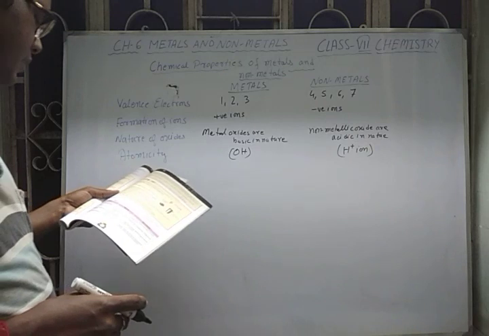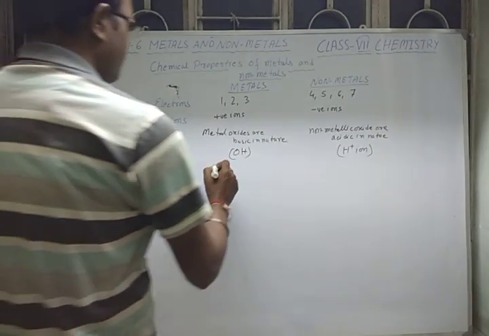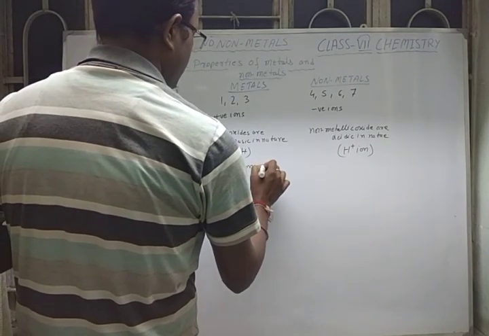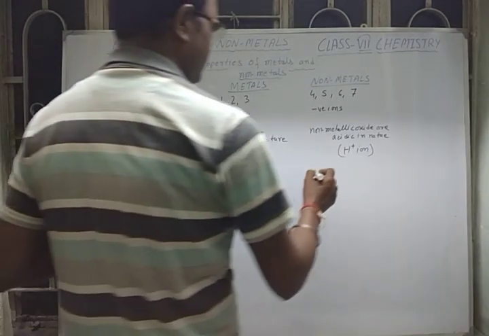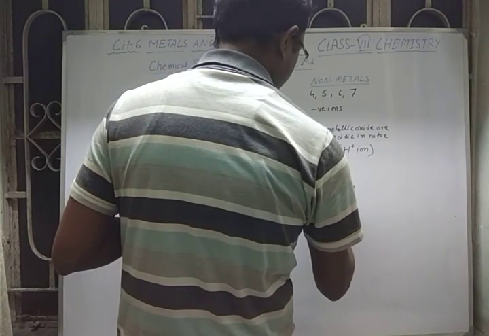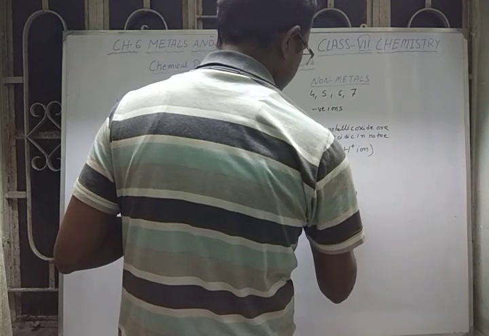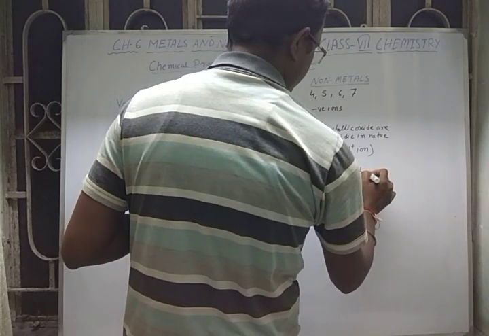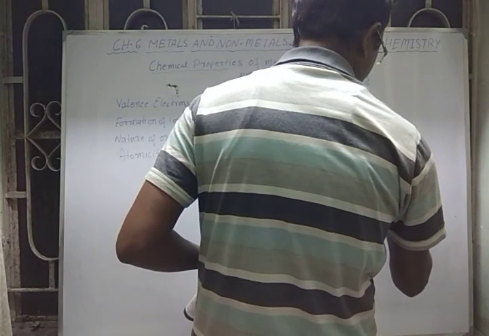Next is atomicity. The next point is atomicity. Mostly metals are monoatomic in nature, but non-metals may be diatomic, they may be triatomic, okay, or they may be polyatomic also.